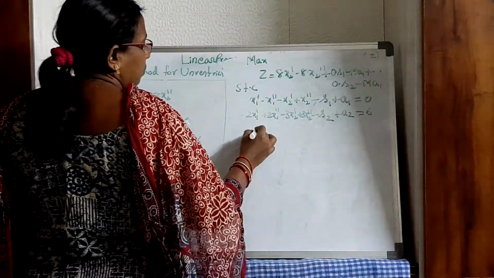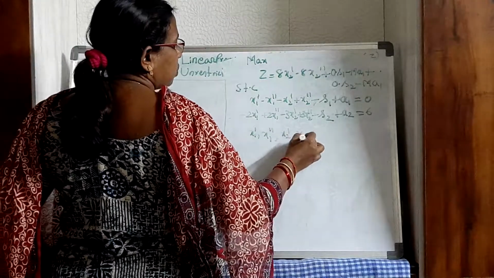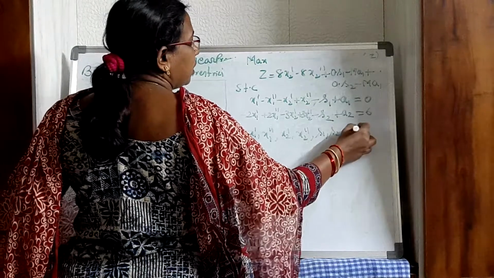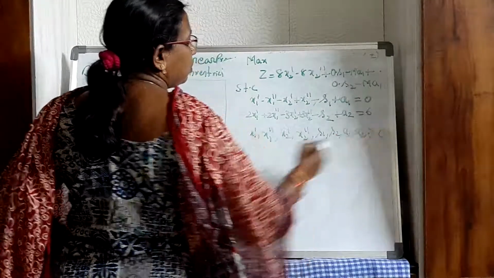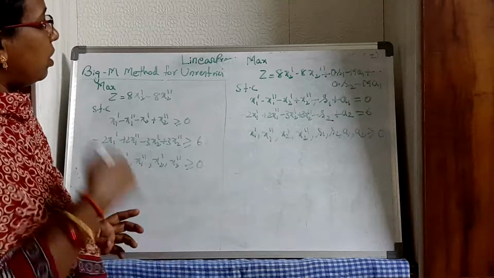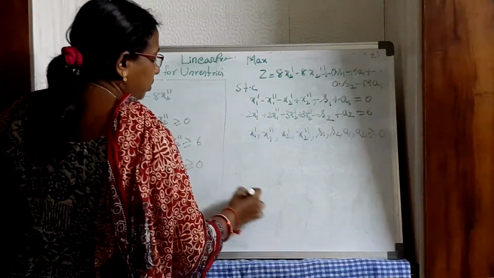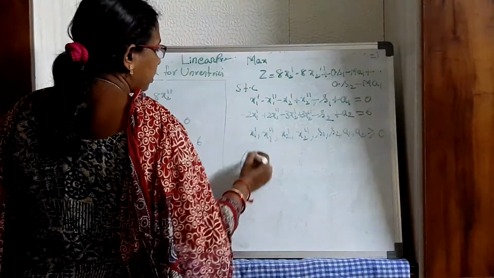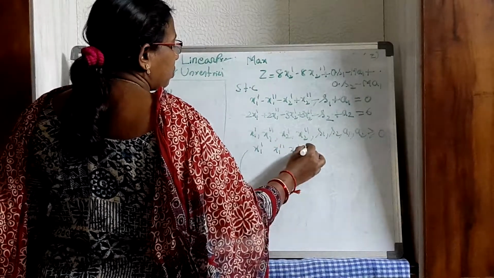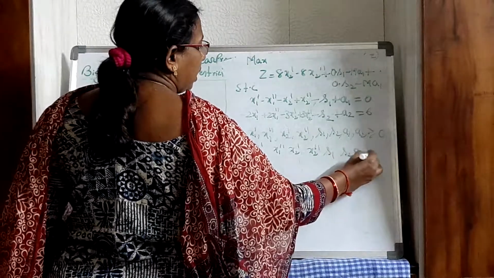So here x1', x1'', x2', x2'', S1, S2, A1, A2 are greater than or equal to 0. Now you write the matrix form of the constraints. When I write the matrix form of the constraints, what will I get? The variables are x1', x1'', x2', x2'', S1, S2, A1, A2.